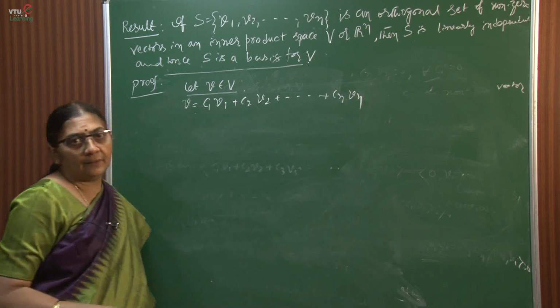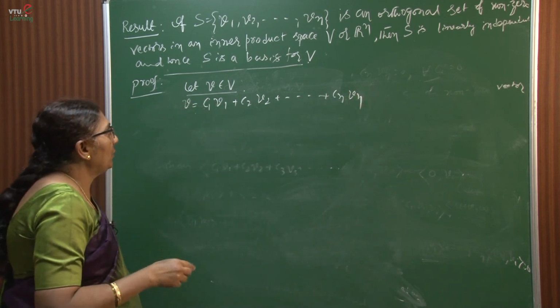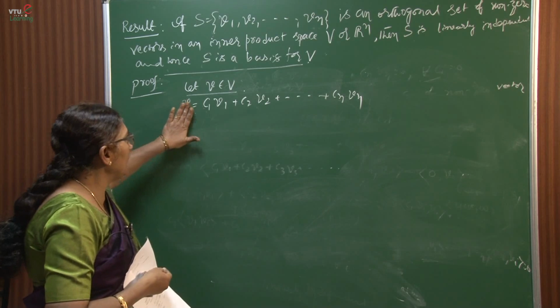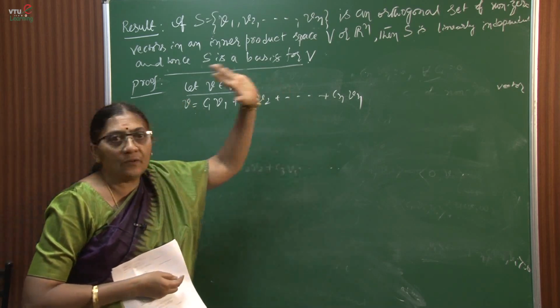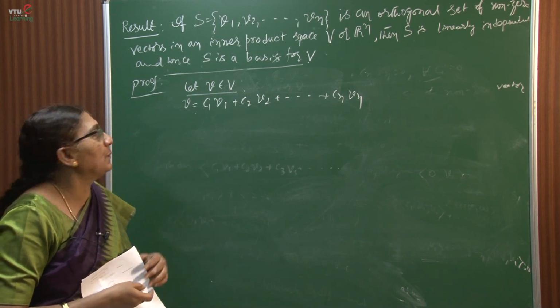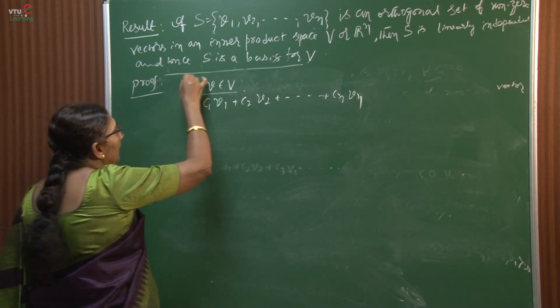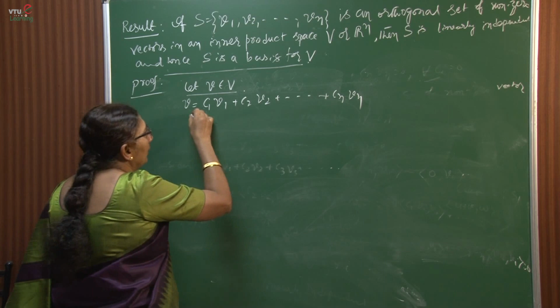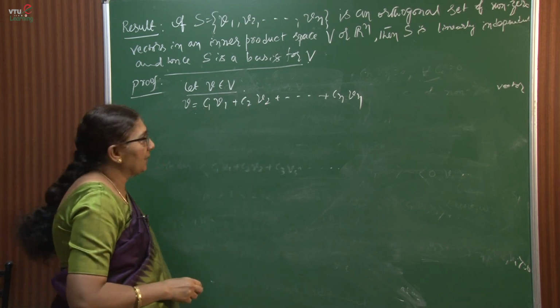Next, I want to show that this v is definitely possible to express as a linear combination of v1, v2, v3 up to vn. Then only do we get that S spans V. So I have taken one vector in V and assumed it can be written in this form.